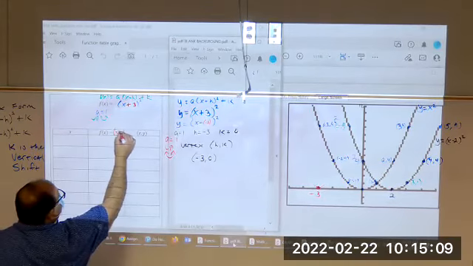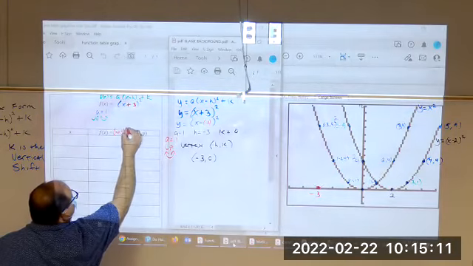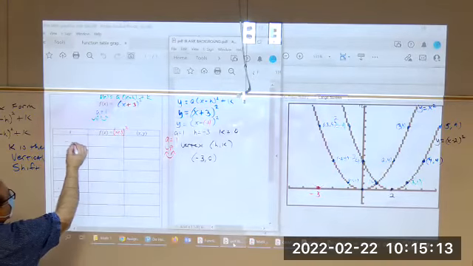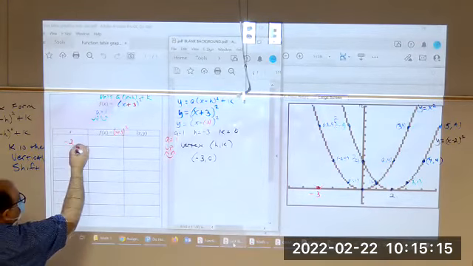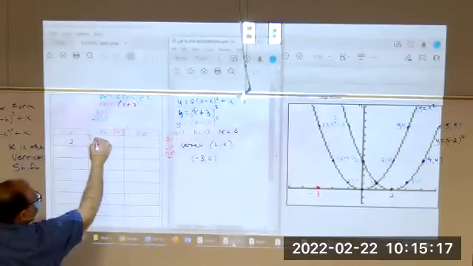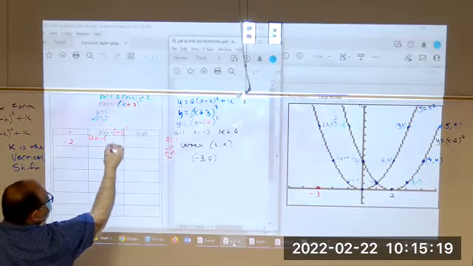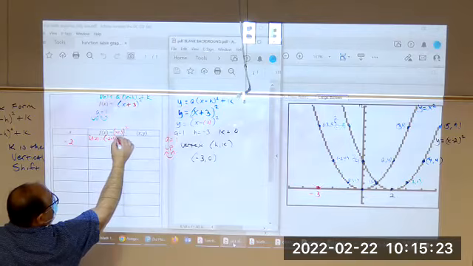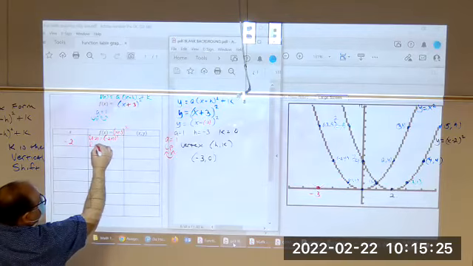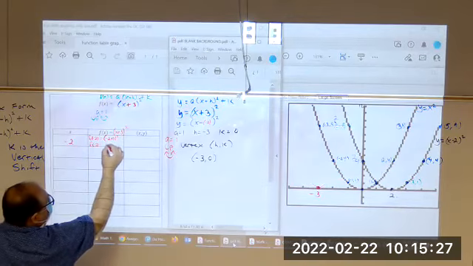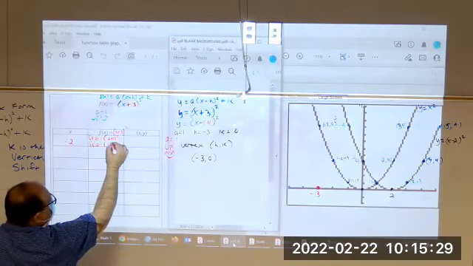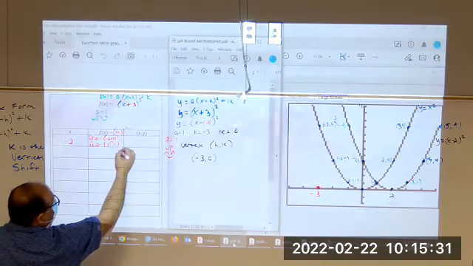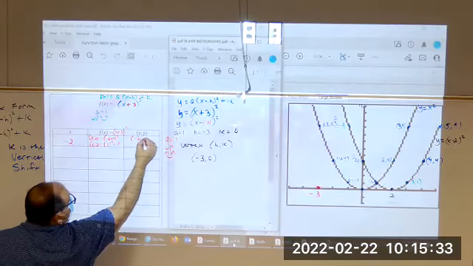So I have x plus 3 squared. I'm just going to go 1 to the right, -2. Now put -2 inside the parentheses, -2 plus 3, and then we square it. So -2 gives me +1 squared, and that's a 1.